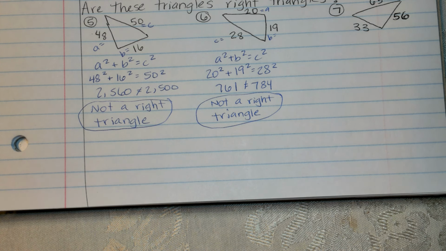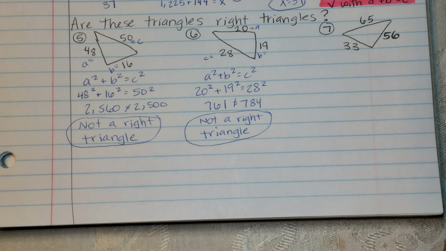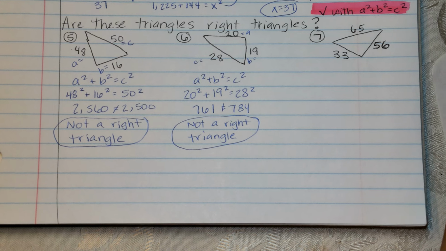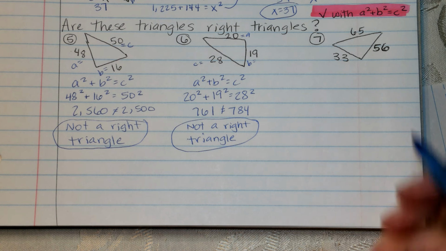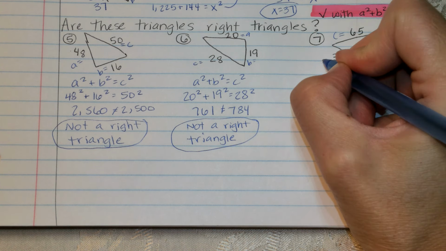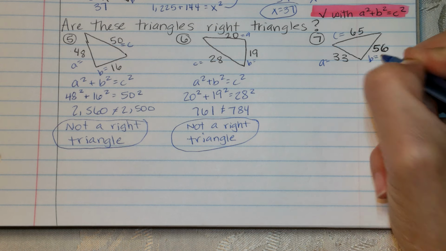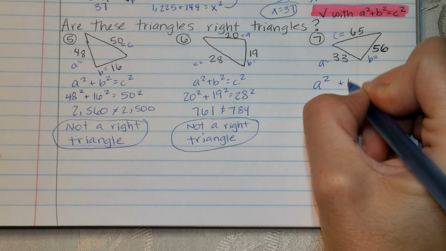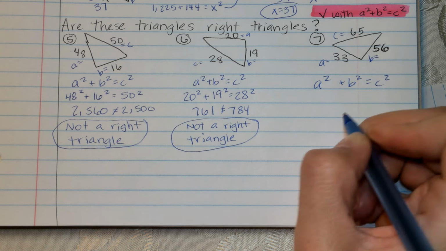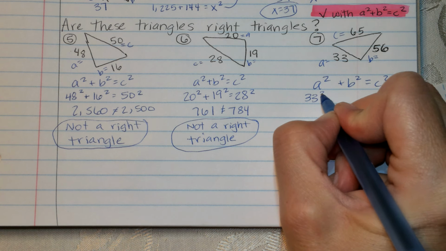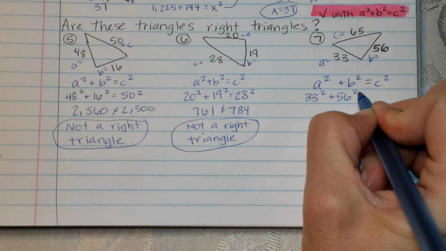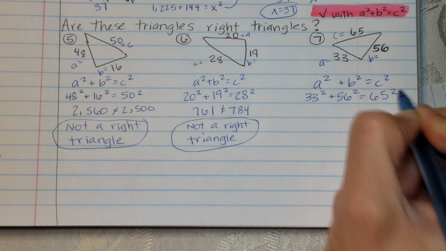All right. So now I'm going to try the last one. Maybe this one is a right triangle. So again, we're checking with a squared plus b squared equals c squared. The longest side will be c, and then the other ones will be a and b. Substitute 33 squared plus 56 squared equals 65 squared.